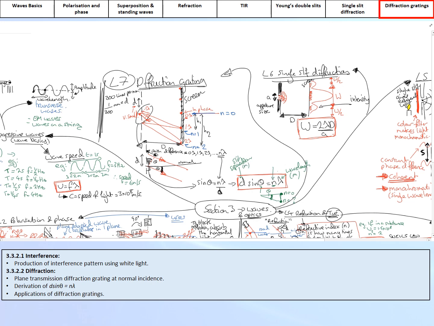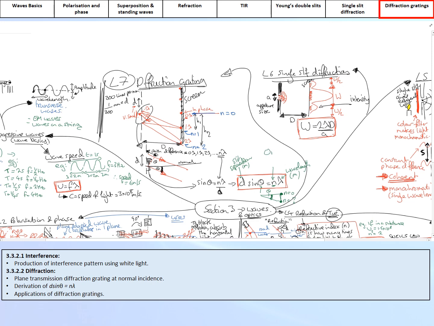Now, n tells us how many wavelengths path difference we have, and tells us which dot we have, and it's given a name. And as soon as you hear the name, you'll forget what it means. So this thing here is the number of wavelengths path difference you have to get constructive interference. So is it the central one where you have no wavelength path difference, the first dot where you have one wavelength path difference, and so on.